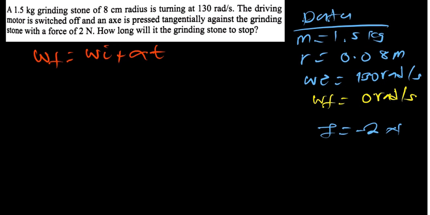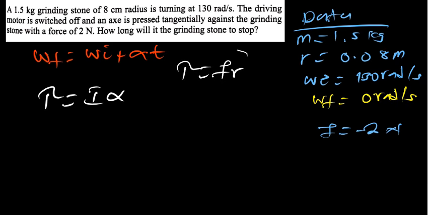We start from torque, where torque is given by the inertia times the angular acceleration. But we also know that another formula for torque is the force times r. I have the force, I have the r. Therefore, I can replace this with what I have here.